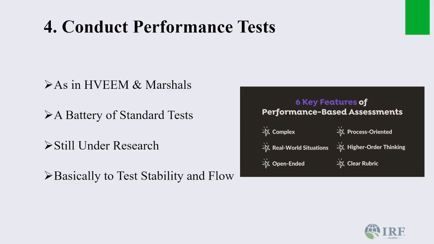And there are more tests. Another example is the semicircular test that some countries or some states actually use. So there are a lot of battery tests to test the stability and flow, as you do in your normal Marshall mix design. So these are performance tests that you conduct on them.